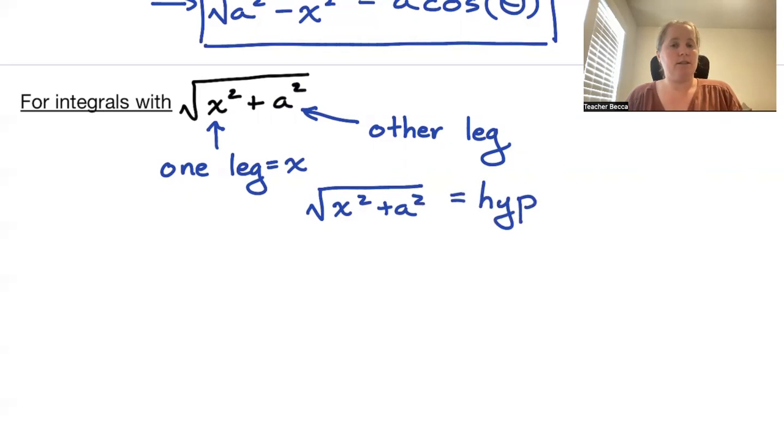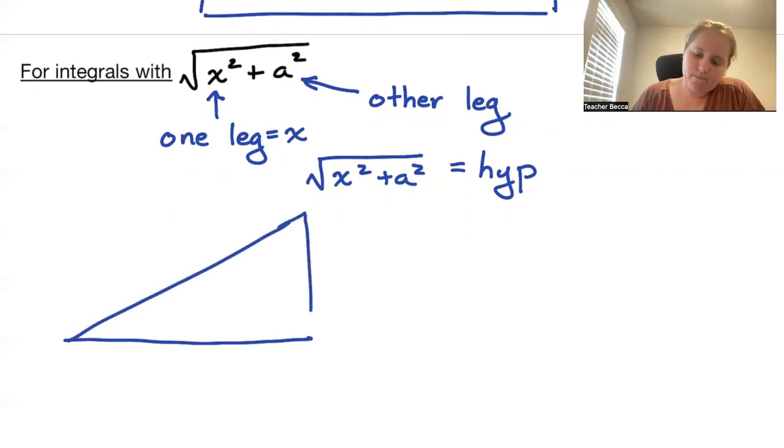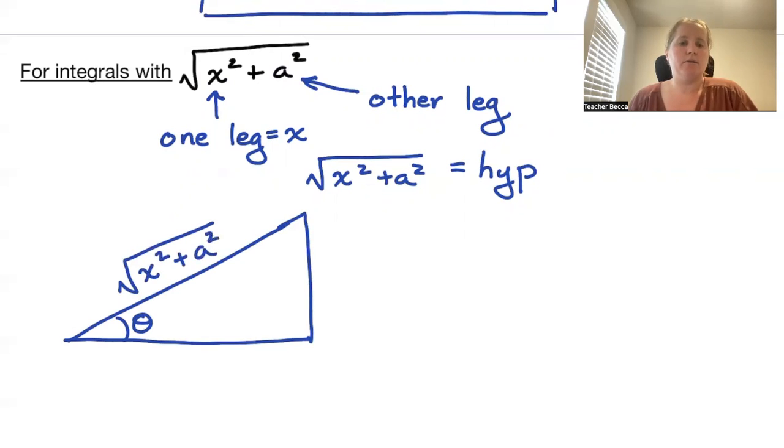If there's addition inside that, we're solving for the hypotenuse. So in this case, the triangle that we want to work with, we have square root x squared plus a squared as our hypotenuse.